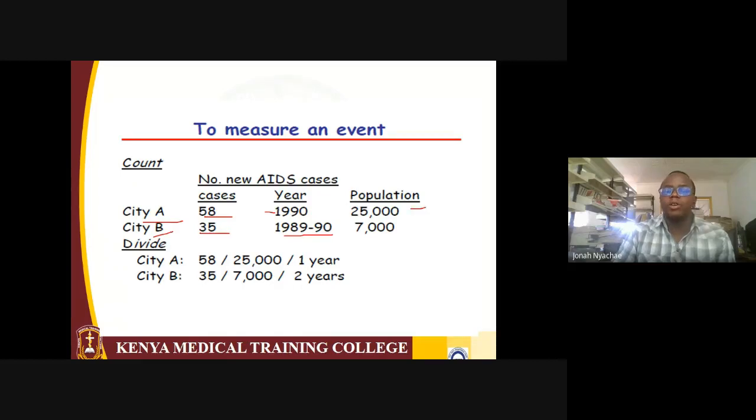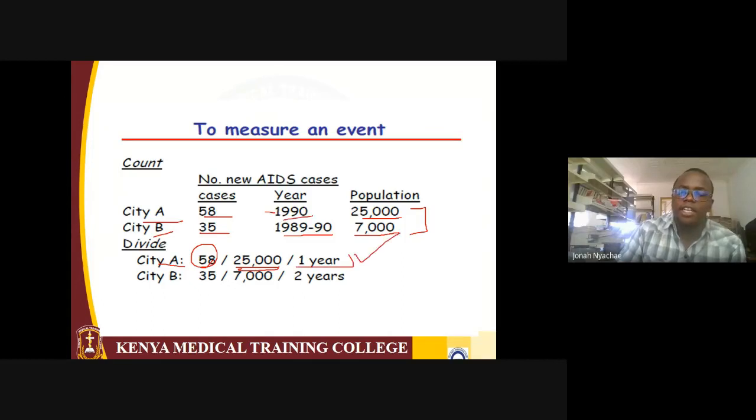And the total population in city A was 25,000, and city B was 7,000. So we can divide the number of cases in each city per year. For example, in city A, you take the number of cases divided by the population at risk per 1 year.